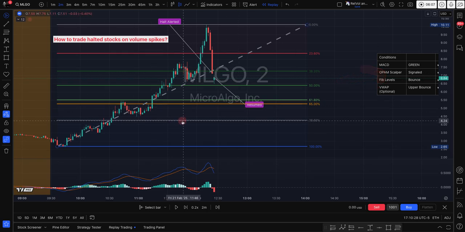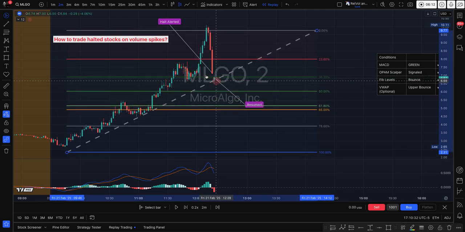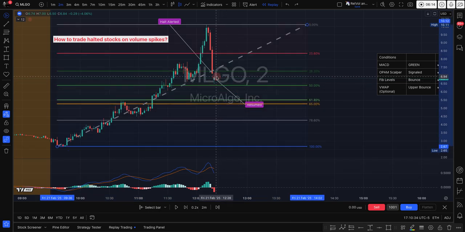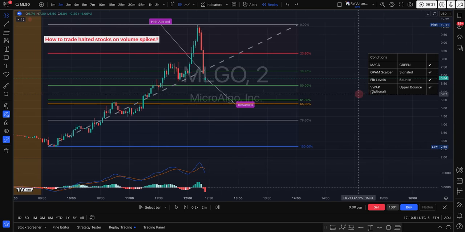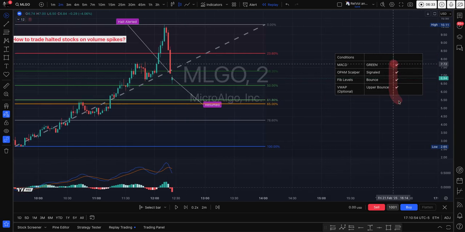If it is bouncing off of 50, then I'm going to use these conditions. And if it is bouncing off of 38, you can activate VWAP as well to make sure all conditions match. If all these conditions match, only then do I get in on the 38.